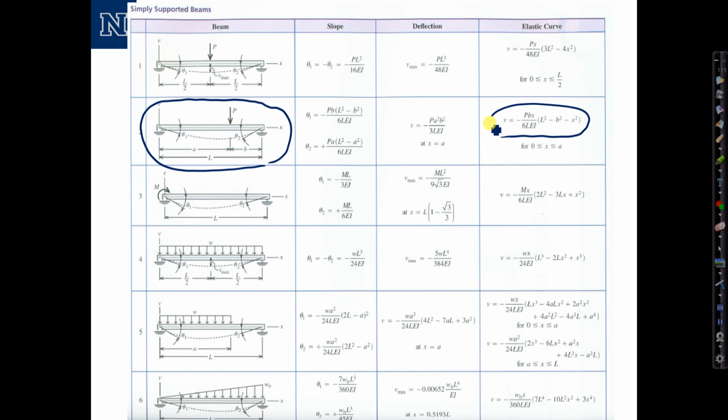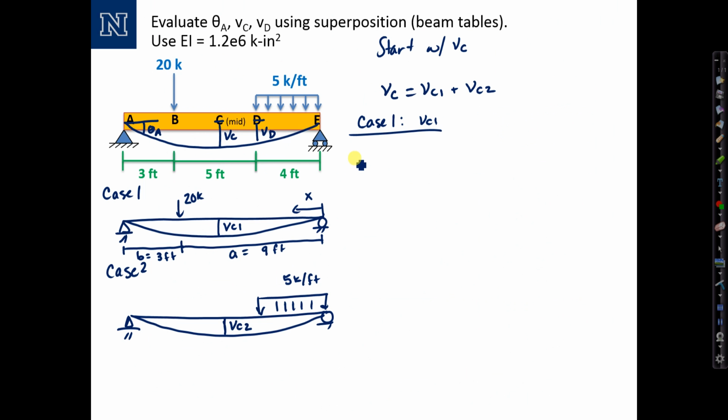Okay, now look at the equation. V equals negative PBX over 6LEI times L squared minus B squared minus X squared. Let me copy that down. VC1 equals negative PBX over 6LEI times L squared minus B squared minus X squared.